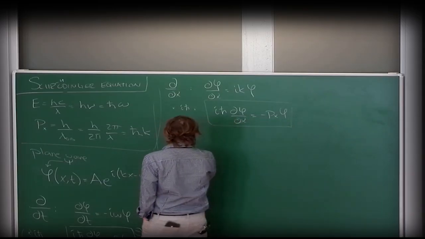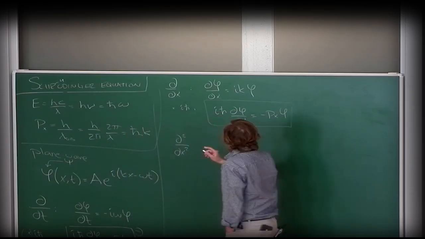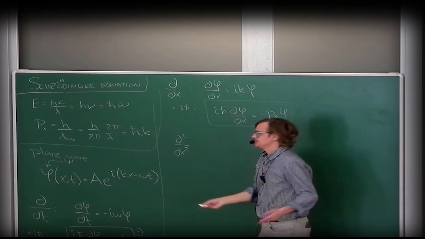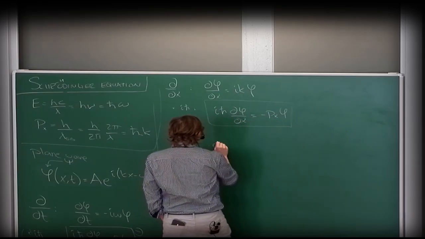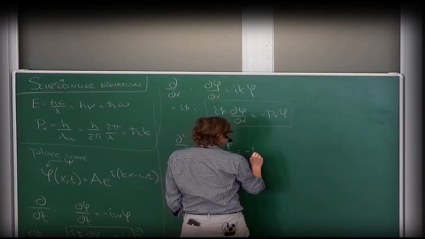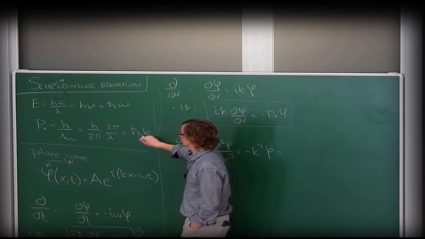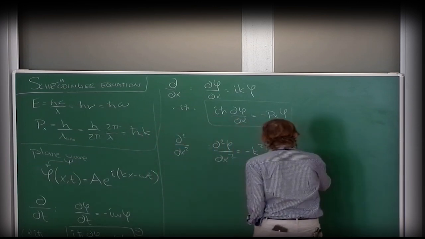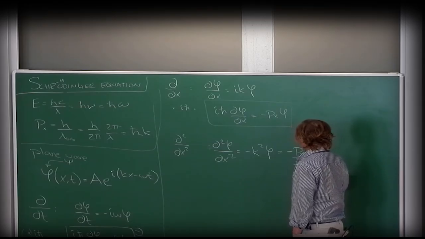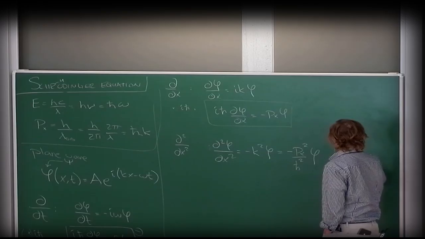So we're going to take the second derivative as well, the partial derivative d2 dx squared, yeah? And then we just have to take this one more time, and another ik comes out, so d2 phi dx squared is just minus k squared phi. But minus k squared, we might just use this relation, right? So we can write this as minus px squared divided by h bar squared phi. Okay, we can call this 3, we can call this 2.